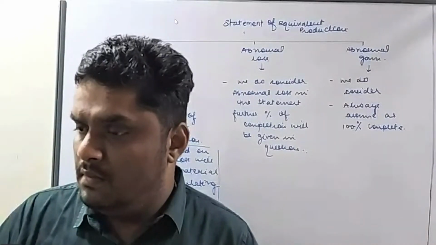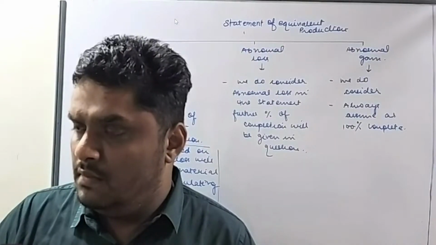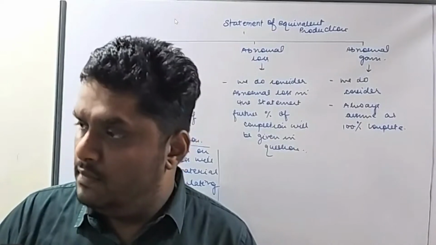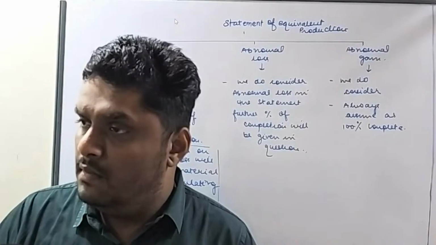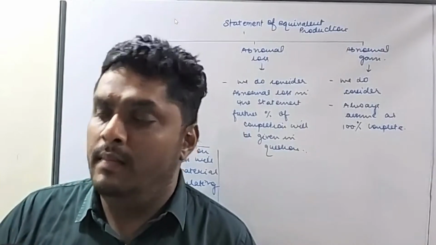When there is a normal process loss, the cost of normal process loss is absorbed by the good units, like it is done in other cases also. And the amount which is realized by the sale of normal process loss units, so if there is some unit which is lost through the normal process, that should be credited to the process account. So that is number one.